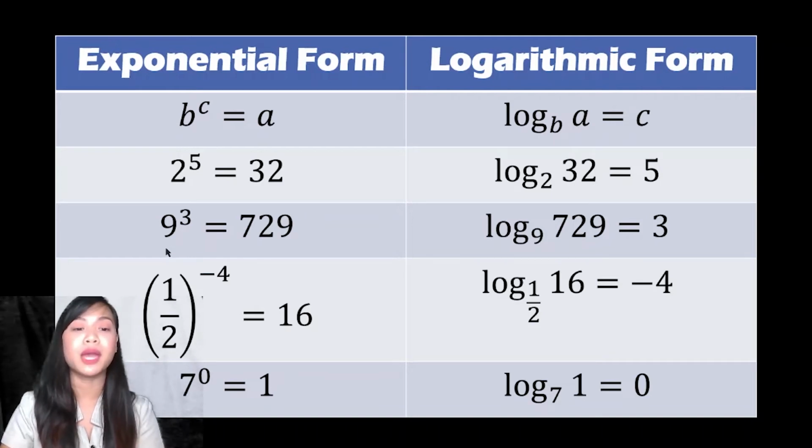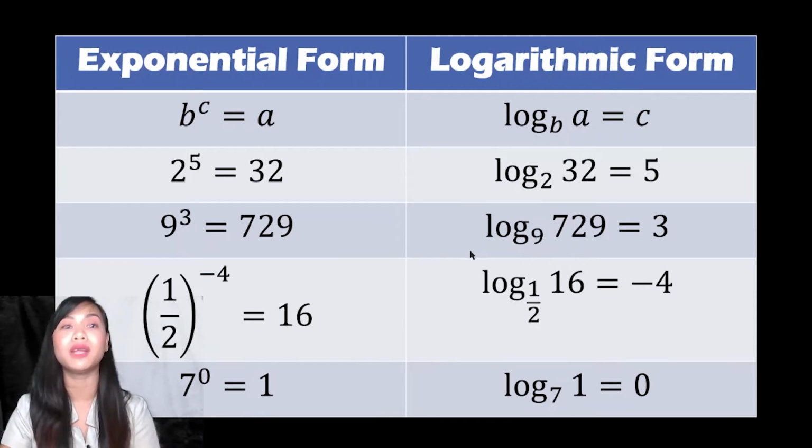Another example: 9 cubed, or 9 raised to 3, equals 729 in exponential form. In logarithmic form, log base 9 of 729 equals 3.